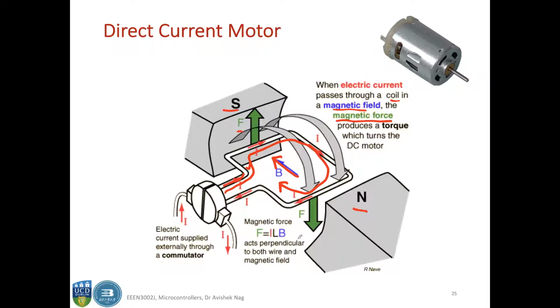This force is given by this. This is the magnitude of the current, this is the length of the conductor, and this is the magnitude of the magnetic field, and this force acts perpendicular to both the wire and the magnetic field.